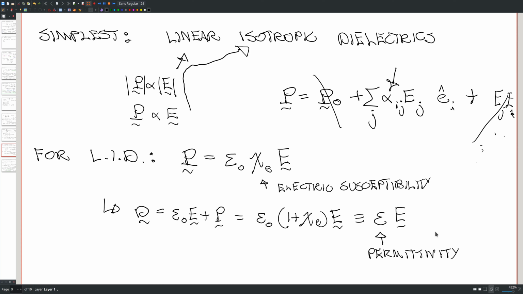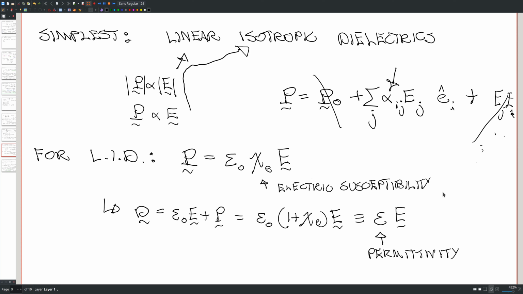Now, there's a bunch of examples that I invite you to look at, but you already see that the transposition of everything that we've done in vacuum or with conductors to this setting is particularly simple. For linear isotropic dielectrics, we have the same equations, just with different symbols.